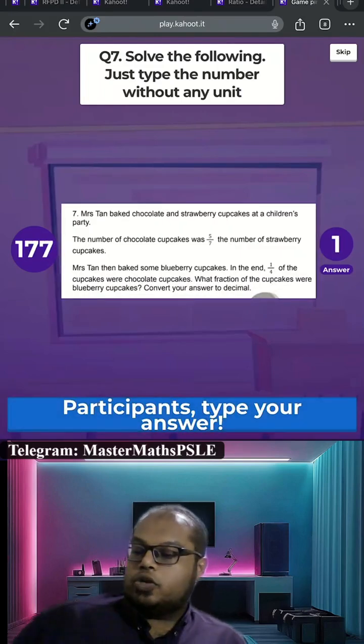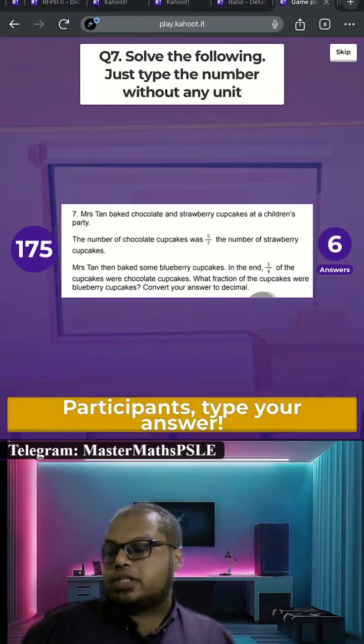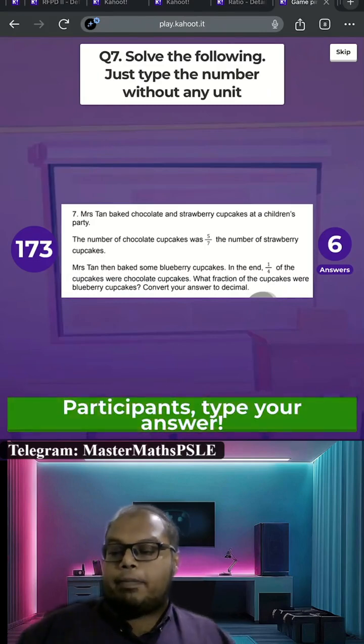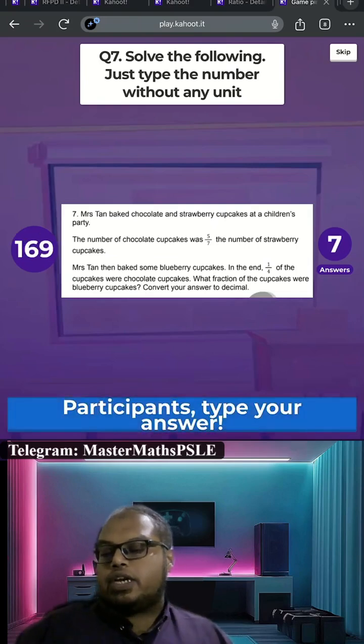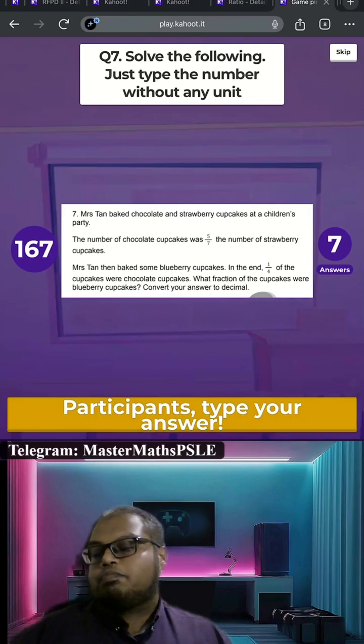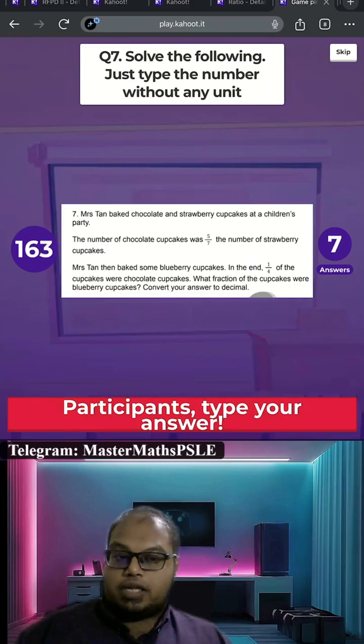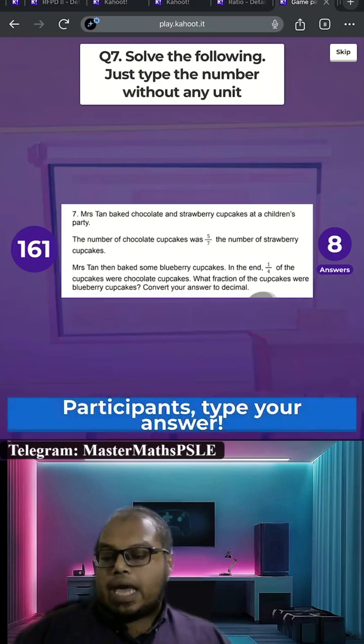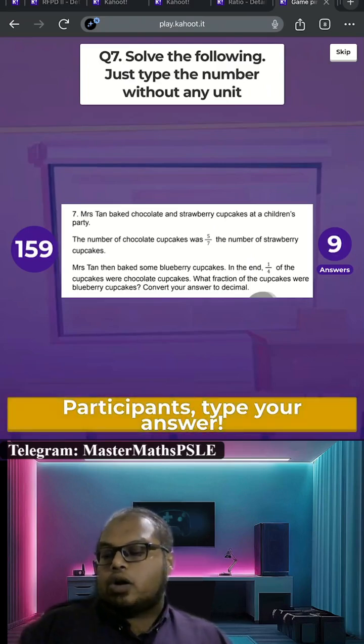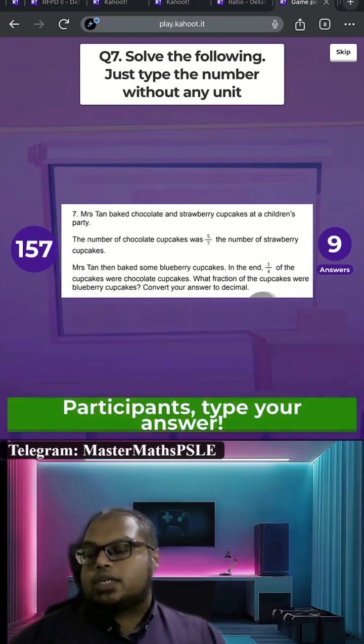So in this question, we got Mrs. Tan who baked chocolate and strawberry cupcakes. The number of chocolate cupcakes was 5/7 the number of strawberry cupcakes. Then Mrs. Tan baked some blueberry cupcakes, and in the end, 1/4 of the cupcakes were chocolate cupcakes.